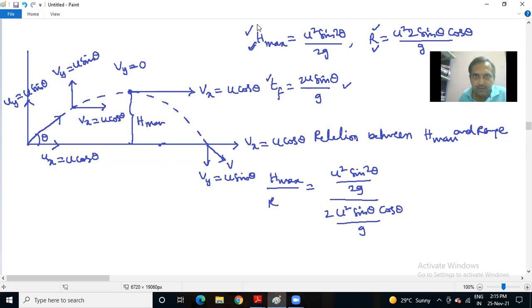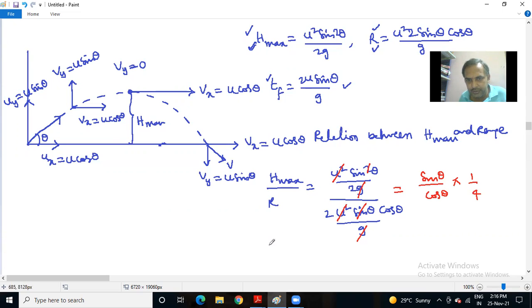So there will be cancellation of g and g, u square and u square, and one sine theta also you can cancel. So you'll get sine theta by cos theta, and also the 2 and 2 get multiplied, so it will be 1 by 4.